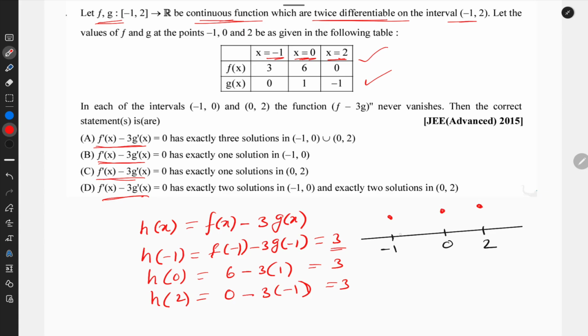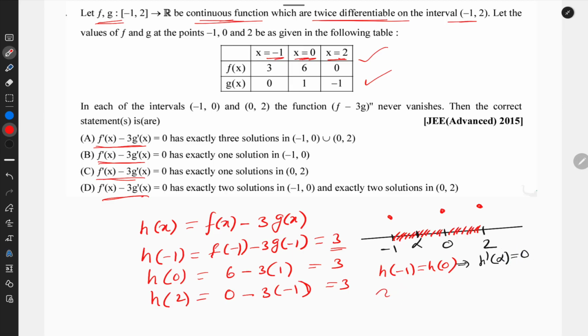So you can apply LMVT between -1 to 0 as well as 0 to 2 also. So not LMVT, Rolle's theorem, sorry, because h of -1 equal to h of 0, so there exists some alpha between those two, such that h dash of alpha will be 0.